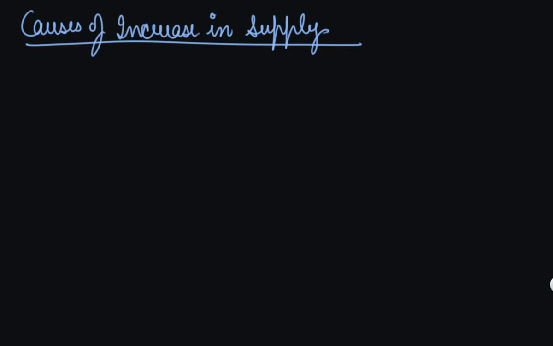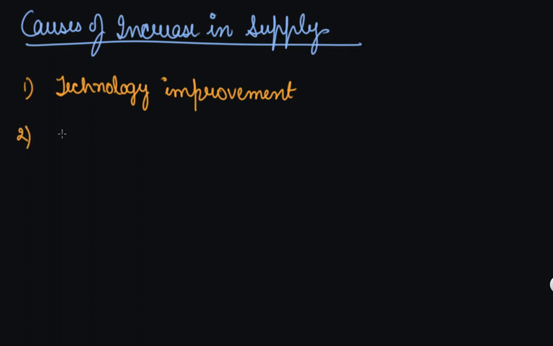There can be various causes of an increase in supply. Number one, it can be technology improvement. Number two, it can be a reduction in the price of factors of production.